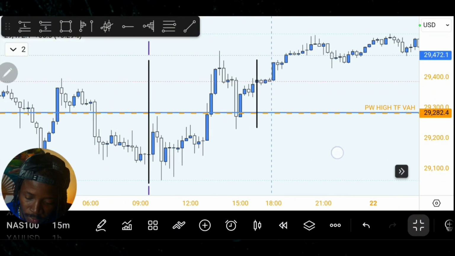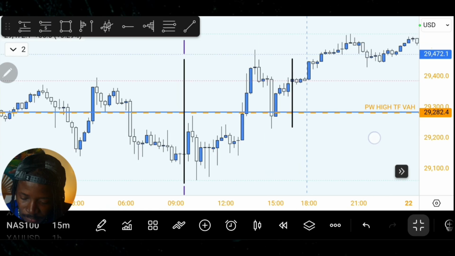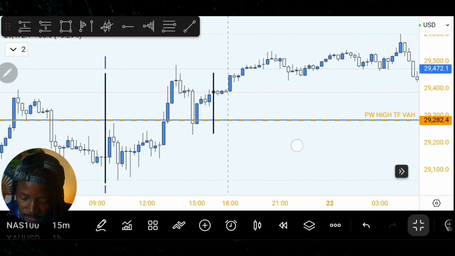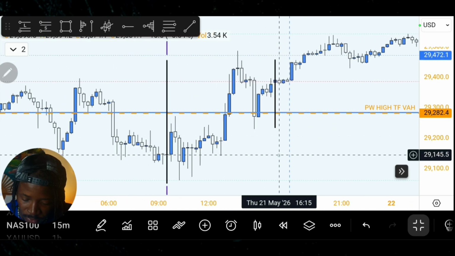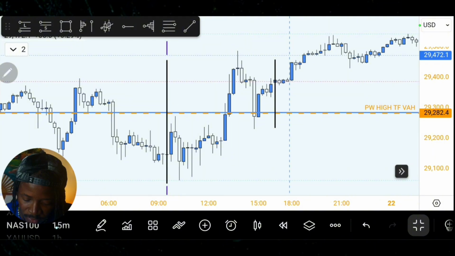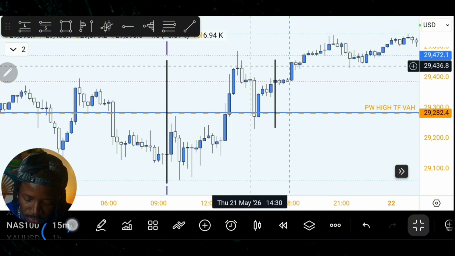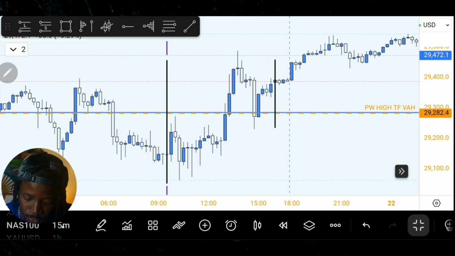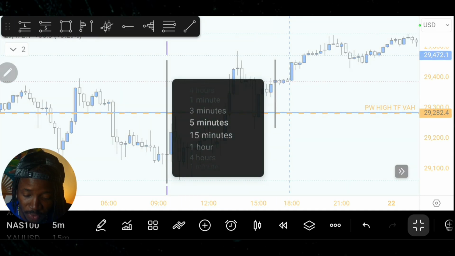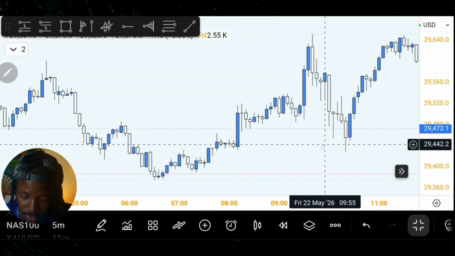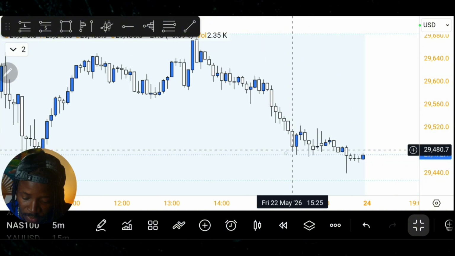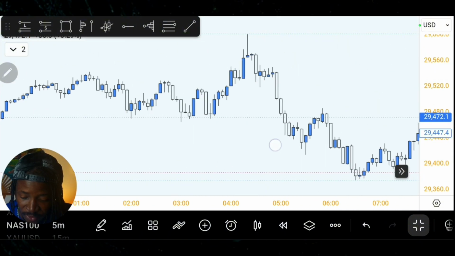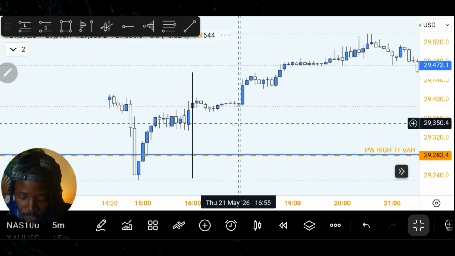So as you can see on my chart, we have Thursday marked out. This is the 15-minute interval. Remember I told you should be on 1 minute, but to save time, I'll go to 5 minutes and do it from there.